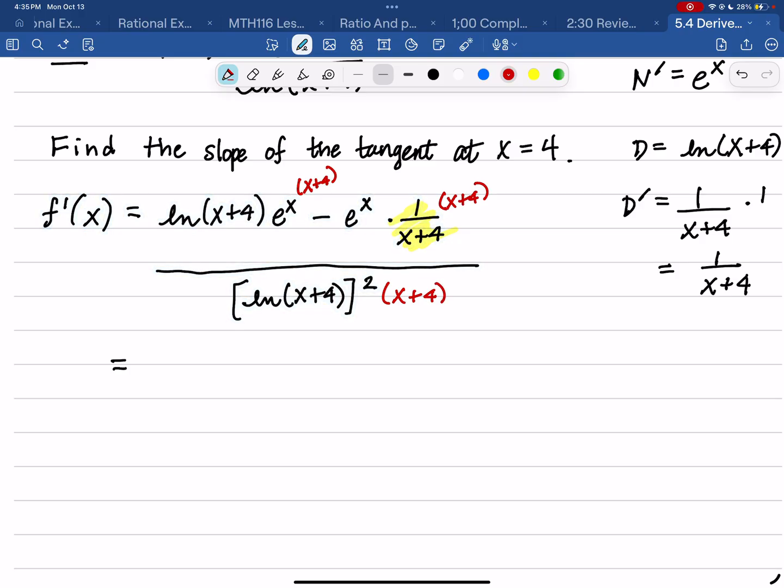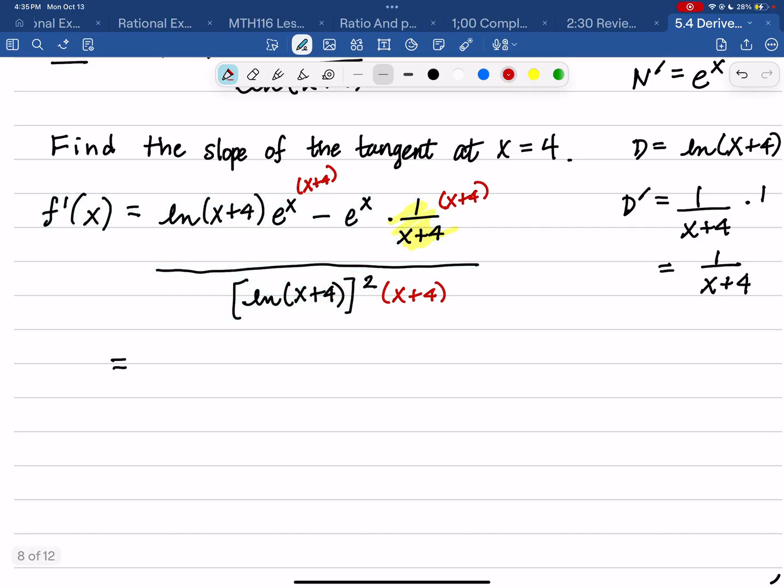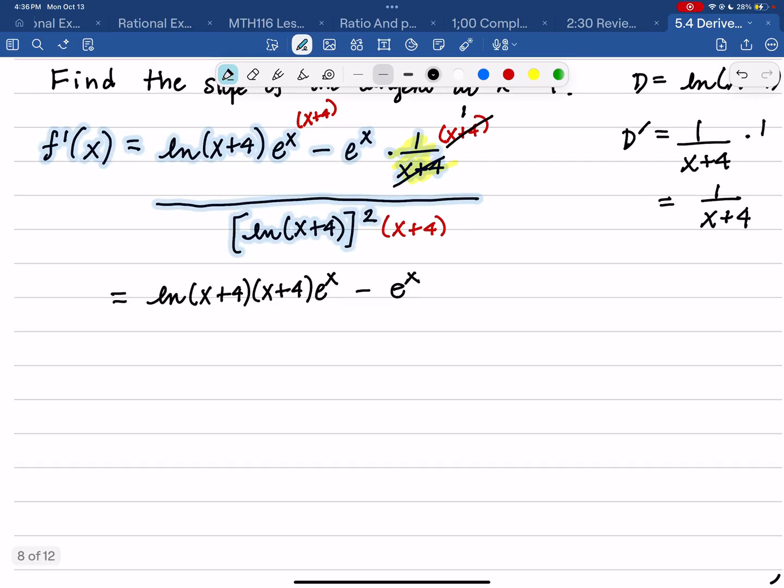And so that's going to give us the natural log of x plus 4 times x plus 4 times e to the x minus e to the x, right? Because x plus 4 times 1 over x plus 4 is a 1. All of that is over, I'll go ahead and put the x plus 4 here in the front, natural log of x plus 4, then squared.